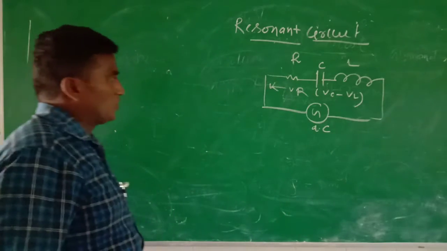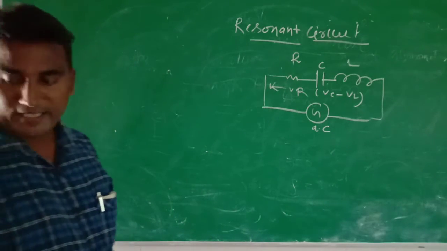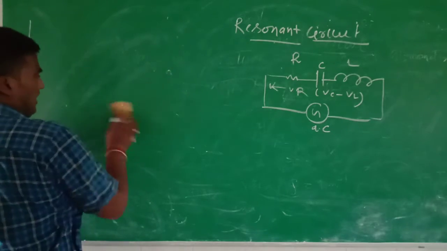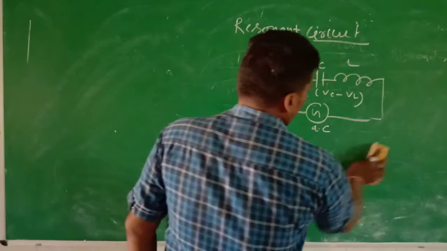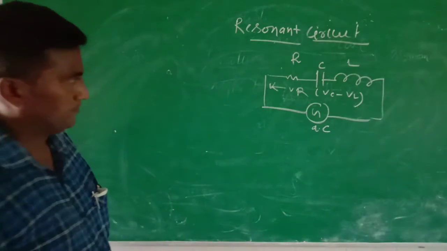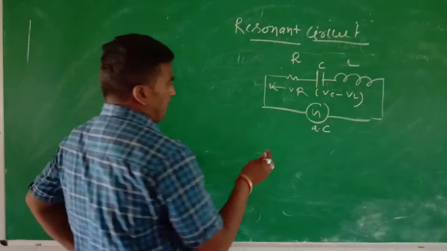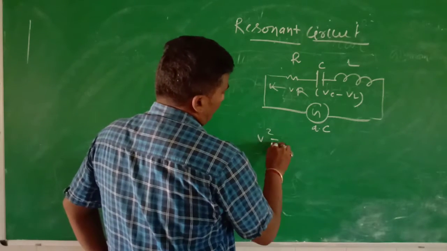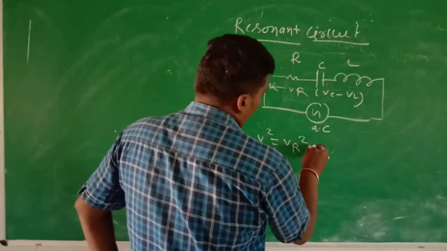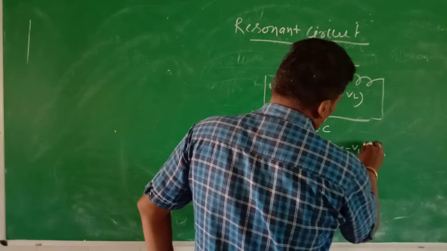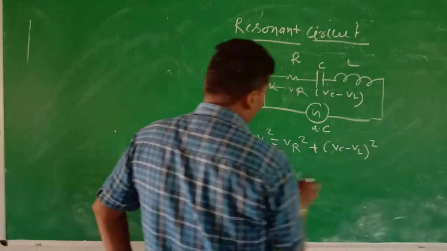The combination of resistance, capacitance and inductance connected in series is known as the resonant circuit. First we identify the value of impedance. Now we know that V square is equal to VR square plus (VC minus VL) whole square.